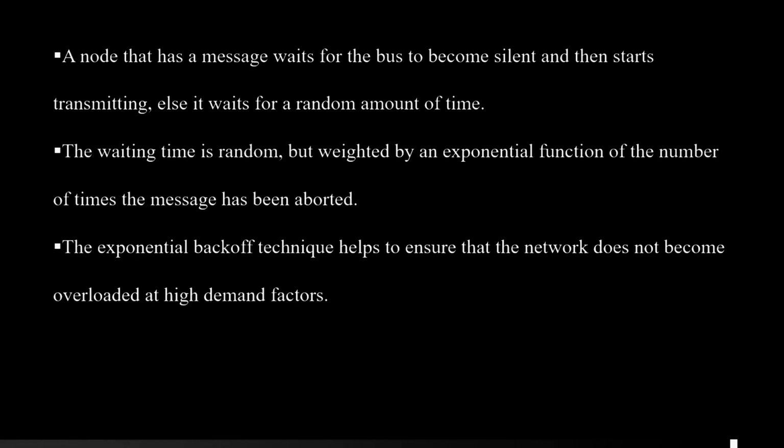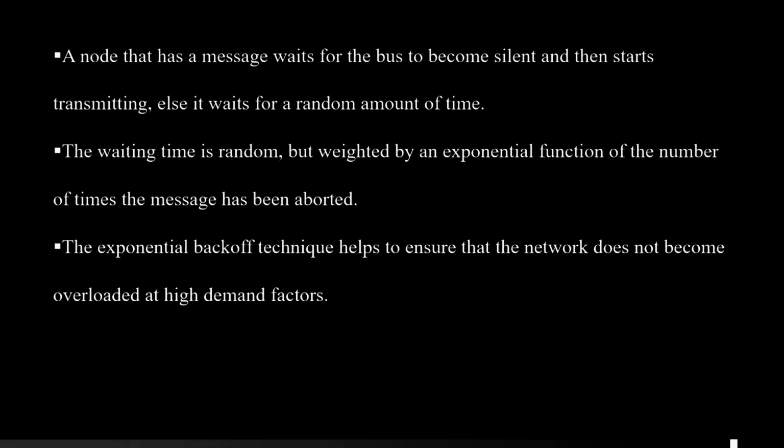Until then, the node has to back off, and it may have to back off a number of times. So the exponential function's power will be the number of times the node has backed off. The exponential function is not used in the same manner for backoff. Instead, it is modulated with a random factor.